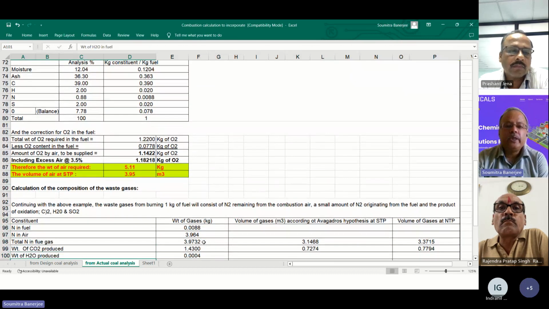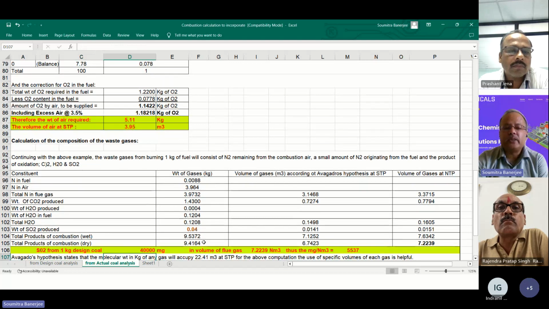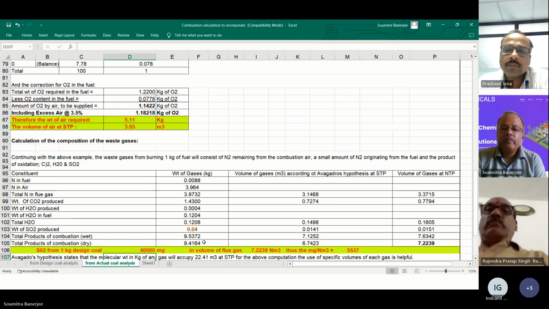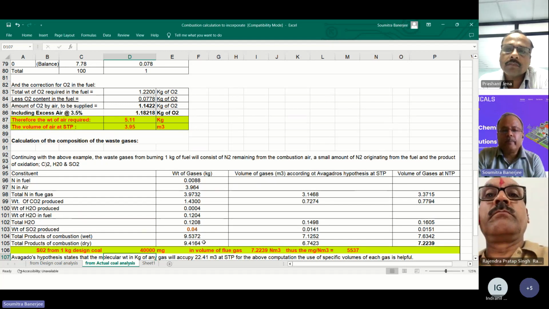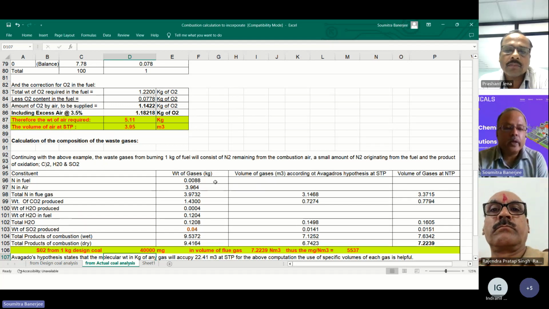Now, from this Excel sheet itself, you can calculate the waste gases that could be produced, and the volume of the gases at normal temperature and pressure and at standard temperature and pressure. Both are available here, and everything has formulas inside.